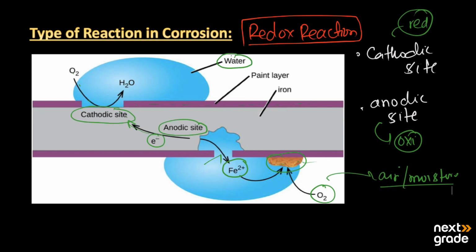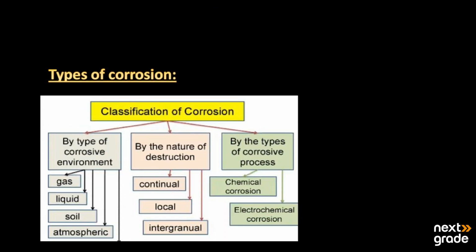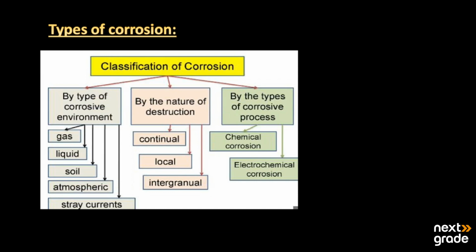So for corrosion to take place, the basic conditions that are compulsory are the presence of moisture and the presence of air or oxygen. These two conditions are responsible for the formation of rust or the process of corrosion of metals.